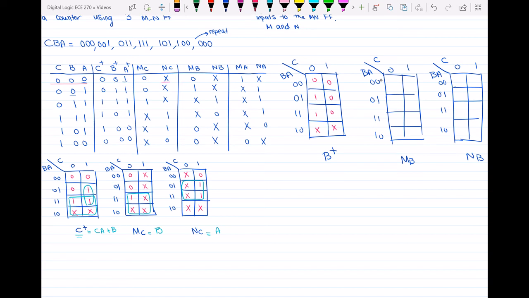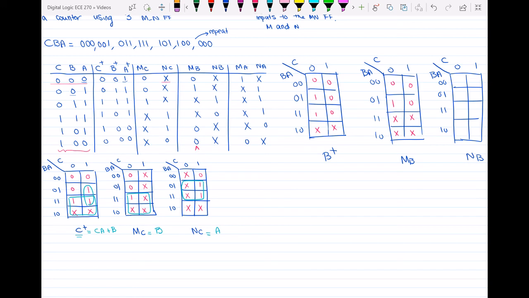Now, what I have to look at is this column over here, which is MB. So for 0, 0, 0, we have 0. For 0, 0, 1, we have 1. For 0, 1, 1, we have x. For 1, 1, 1, we have x, and 0, 0, x, and x. So how am I filling this? Again, I'm looking at this column over here, MB, and these three columns over here, which are my present states.